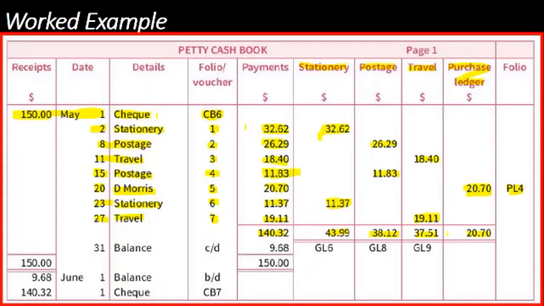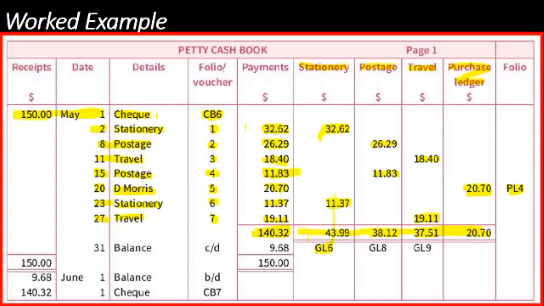And as you may have figured out already, if you add these figures across here, you should get the total here, right? Okay, then final step, we will put in the folios for these here.